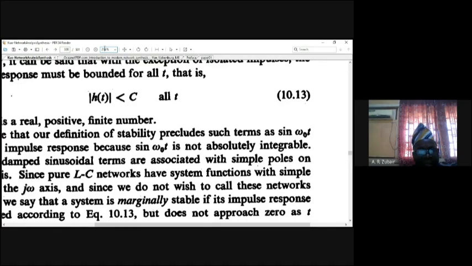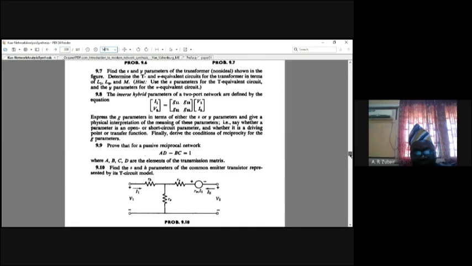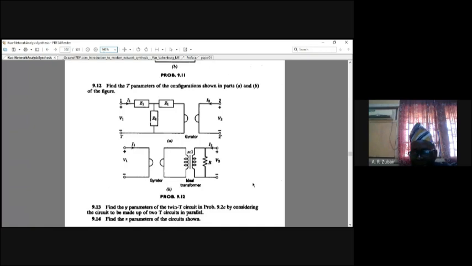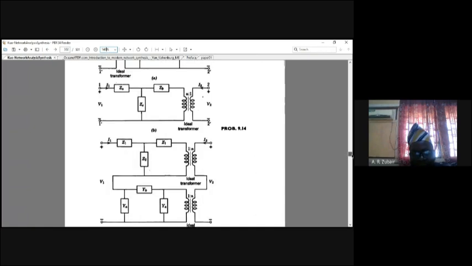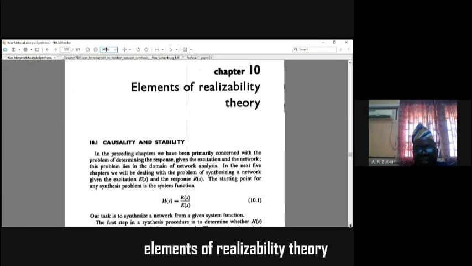Let me look for the beginning of chapter 10. Okay. Elements of realizability theory.